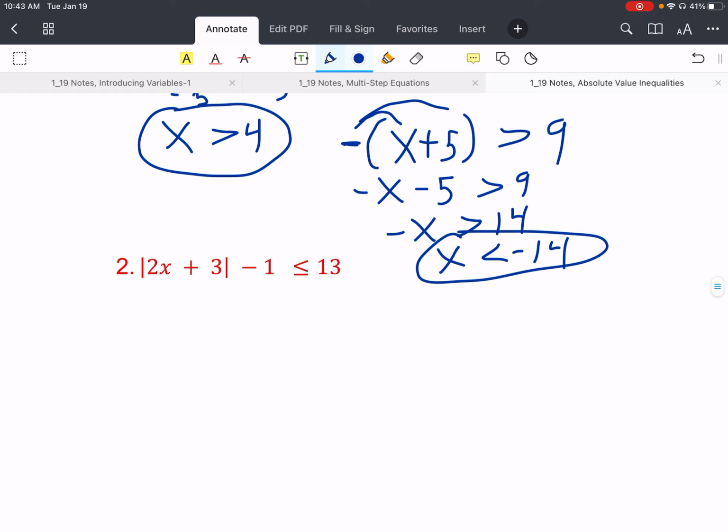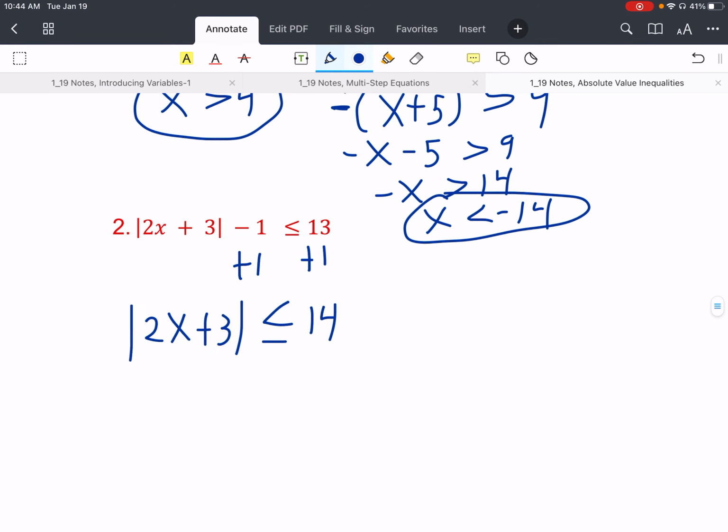For a question like number 2, we have the absolute value, and then we have this minus 1. So we want to get rid of everything surrounding the absolute value first. You'd have to add 1 to both sides before solving. Then you would have the absolute value of 2x plus 3 is less than or equal to 14.